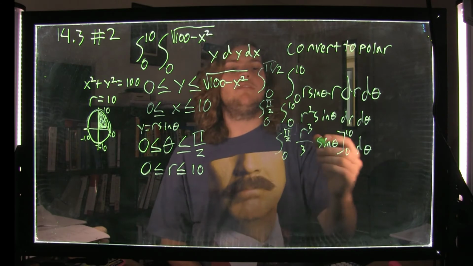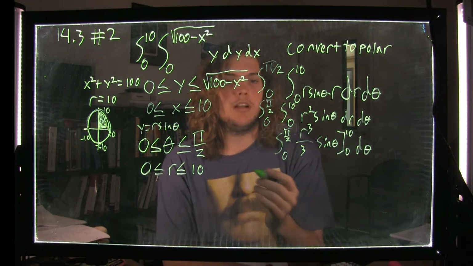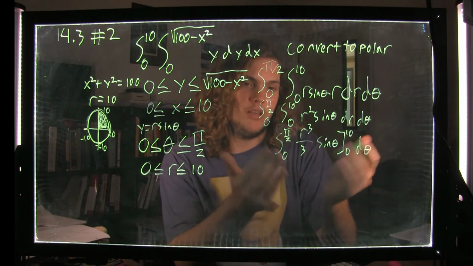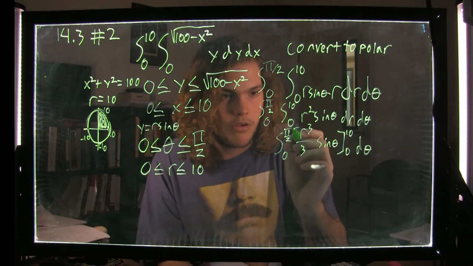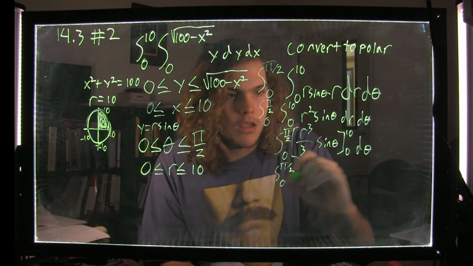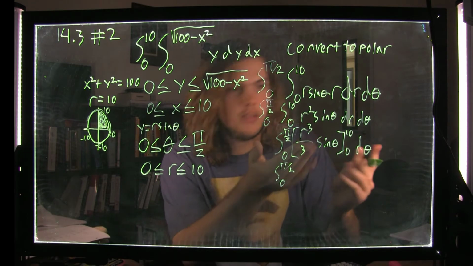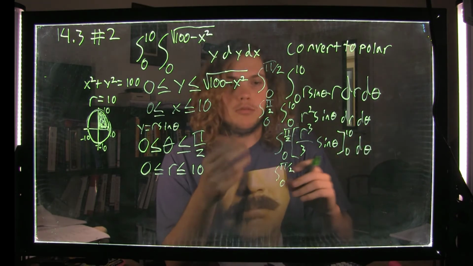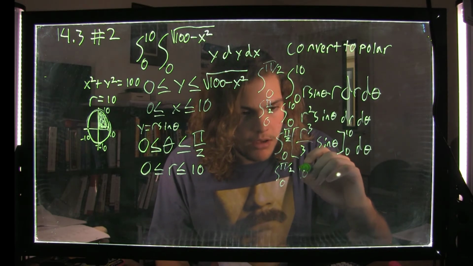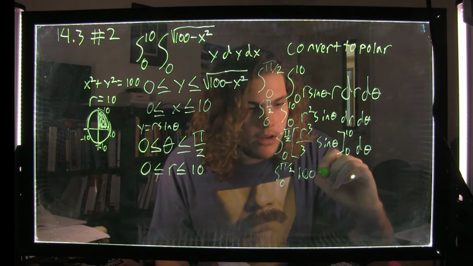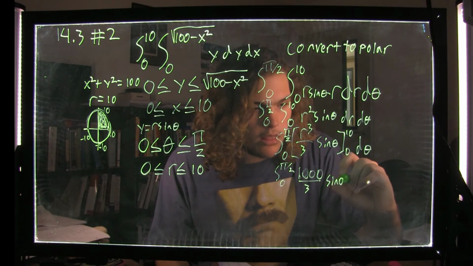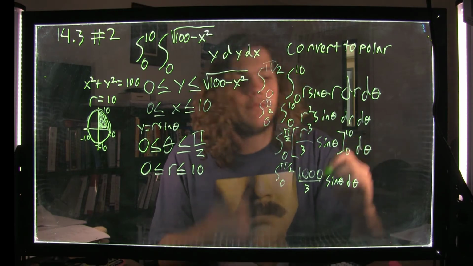Now this part is fairly straightforward. 10 squared is 100, so 10 cubed is 1,000, so it's going to be 1,000 over 3 sine theta d theta.